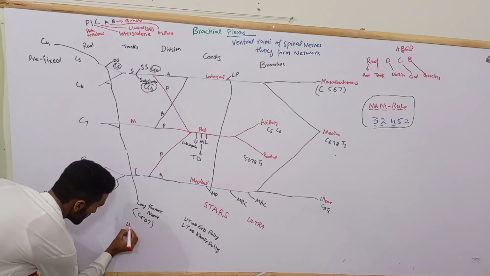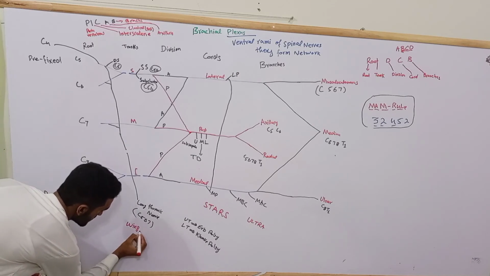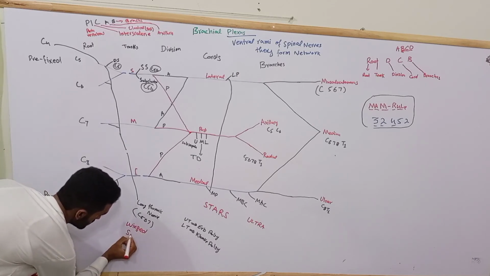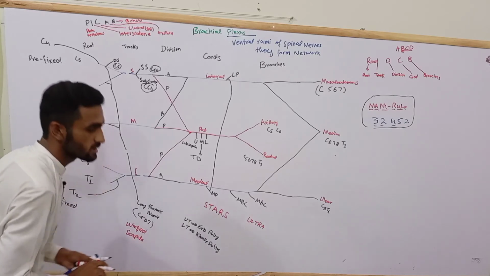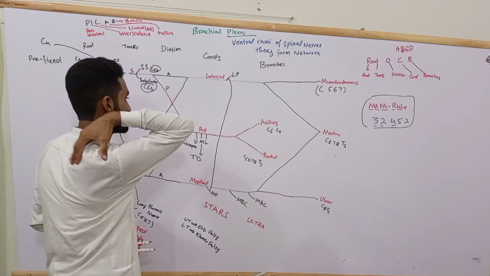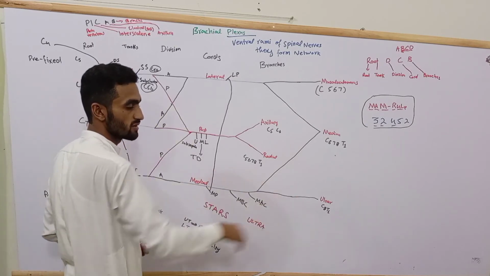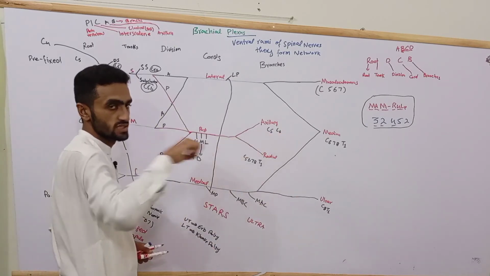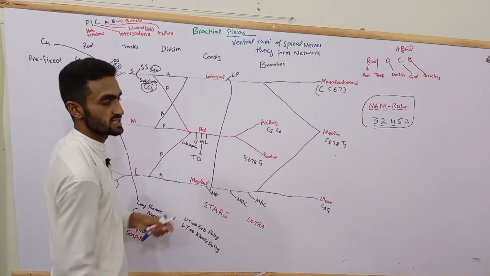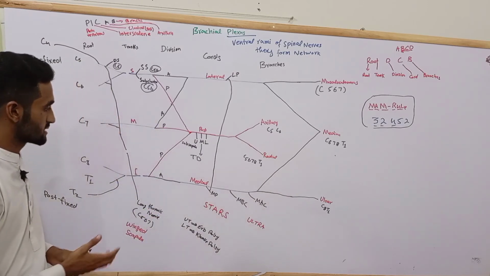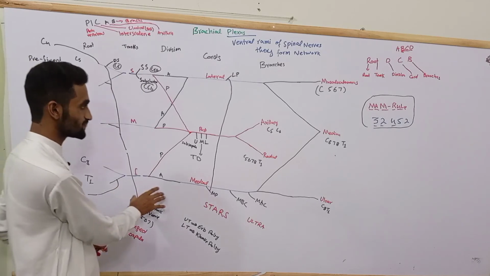Meaning what? The medial border of your scapula will come out when you use this serratus anterior. So you will see, inshallah, the next detail of this injury.